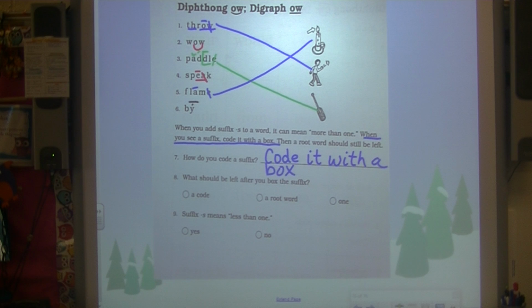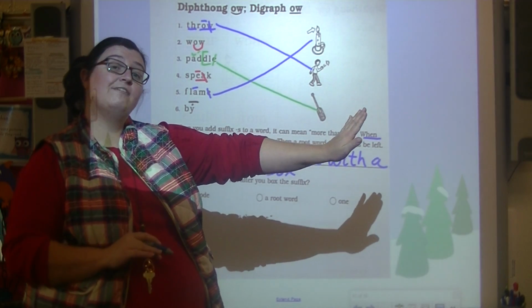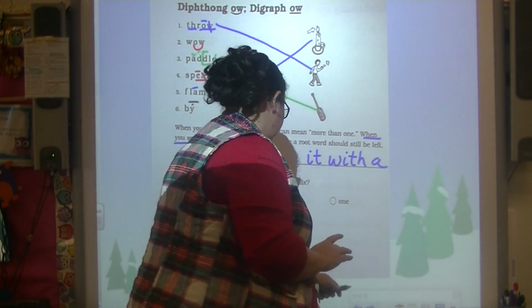Code it with a box. Remember, Miss Fire says when you code it, you can cover up the box and you should have a root word left.